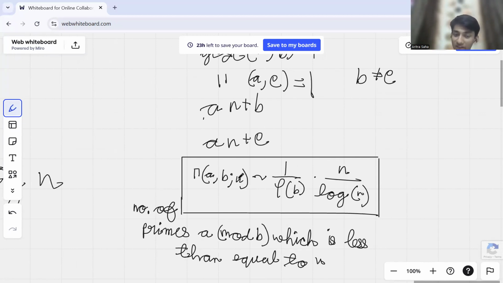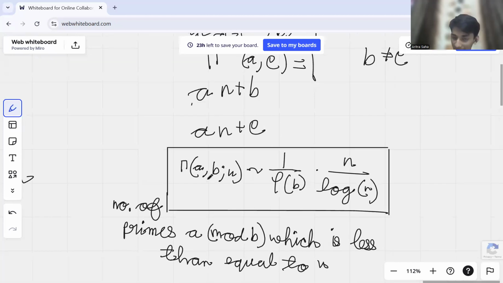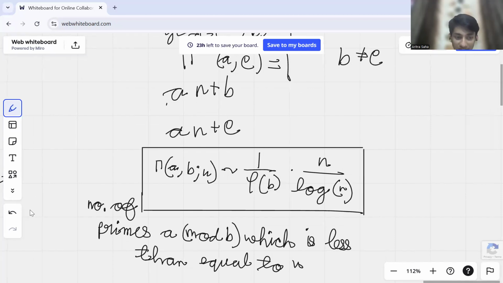If we have x very, very large, tending to infinity, with a and b constant, and we define the pi function like this, the number of primes which are a mod b and less than or equal to x will be asymptotically the same as 1 by phi of b times n by log n. So n by log n is the same, and the constant factor in this case will be 1 by phi of b.